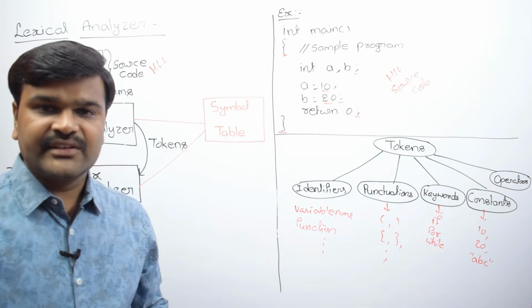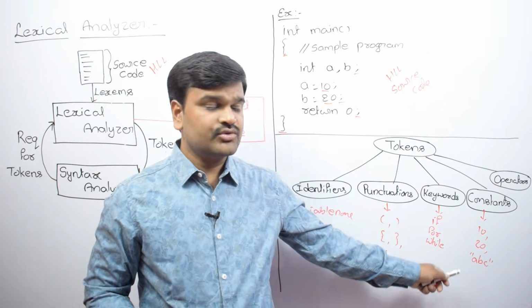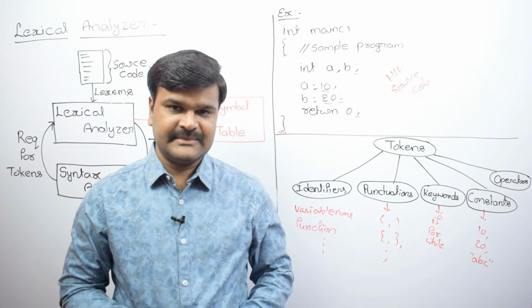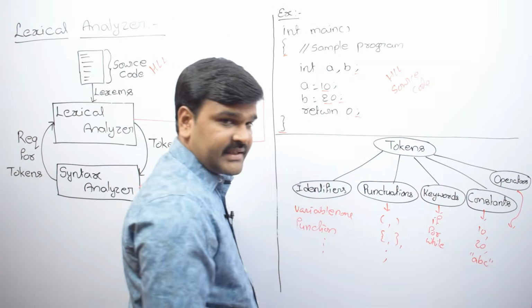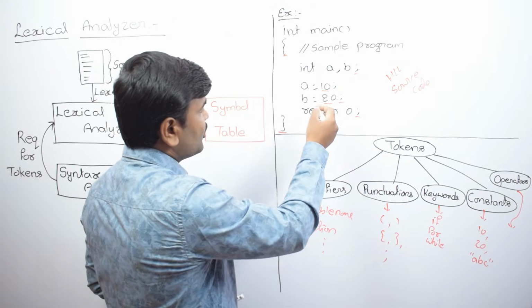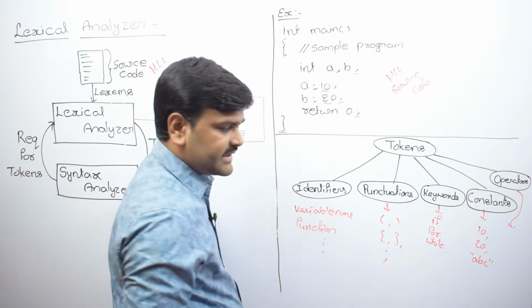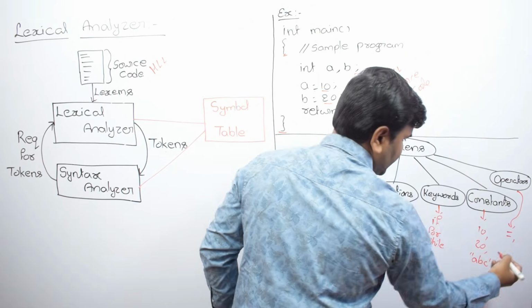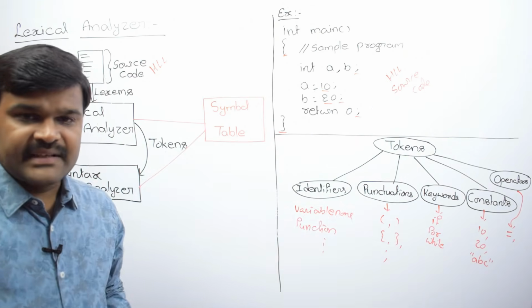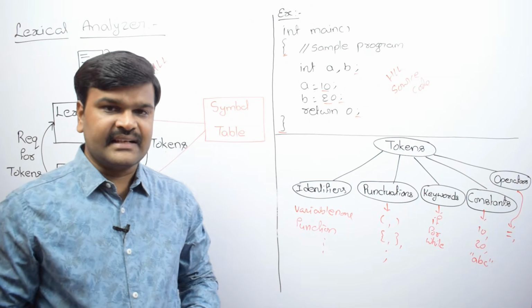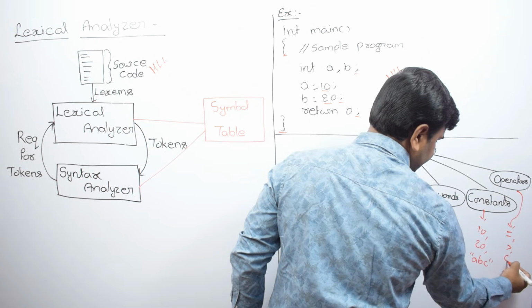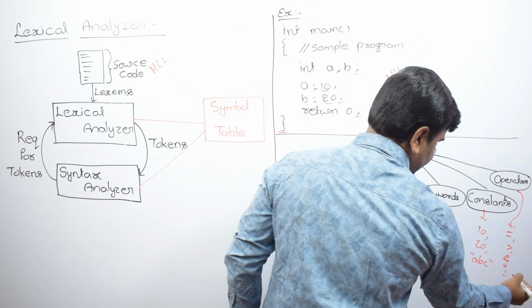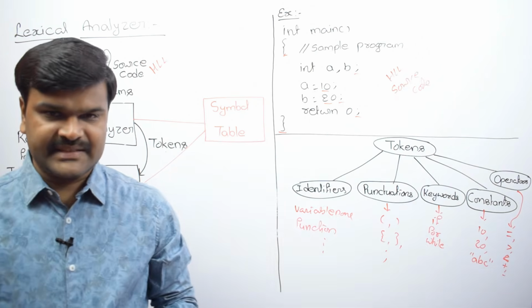Those are also called tokens. Then we have operators. In this code, the equal sign is an operator. Whatever arithmetic operators and logical operators there are, all come under operators: greater than, less than, addition, subtraction.